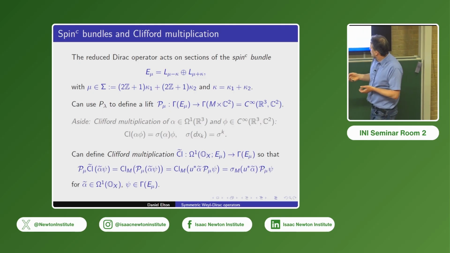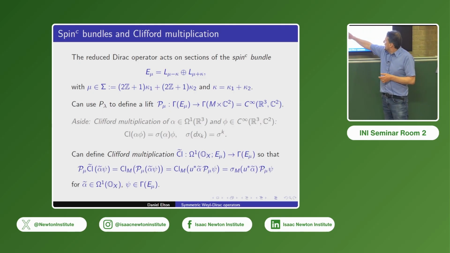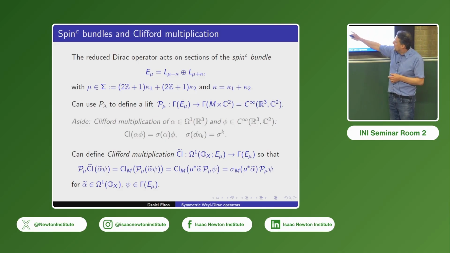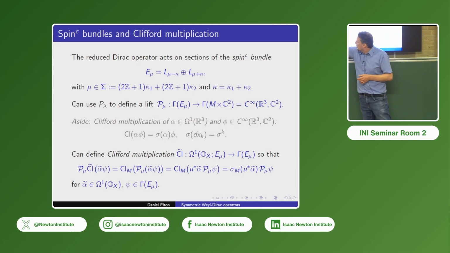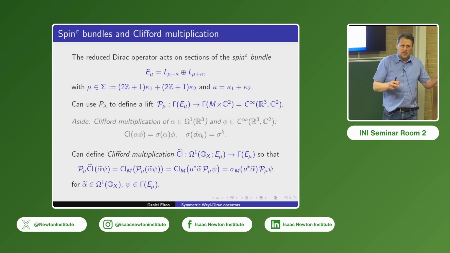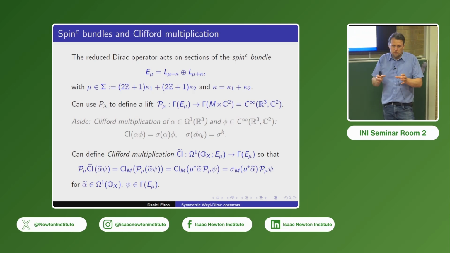Clifford multiplication you can think of as a map from spinor-valued 1-forms into spinors themselves. A spinor-valued 1-form, the simplest version you can think of, is just take a 1-form and multiply it by a spinor. And then the Clifford multiplication is to take the corresponding Pauli matrix for that 1-form.